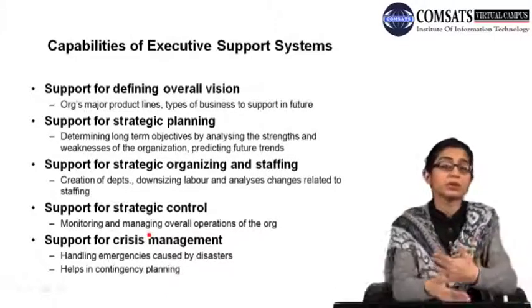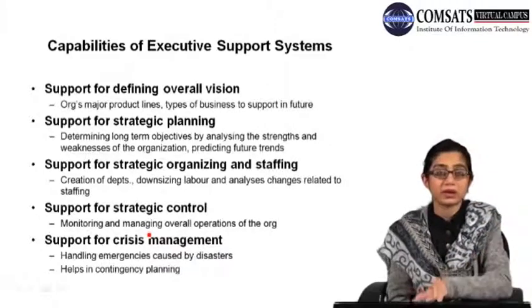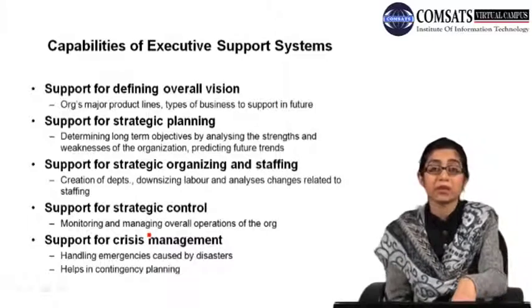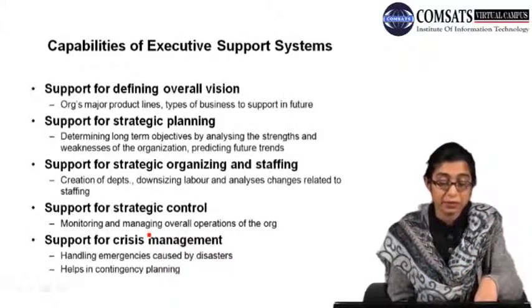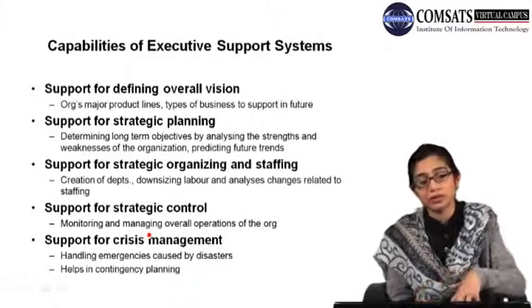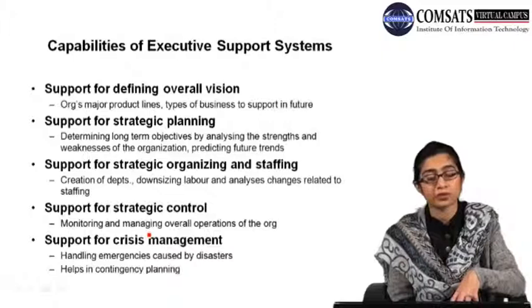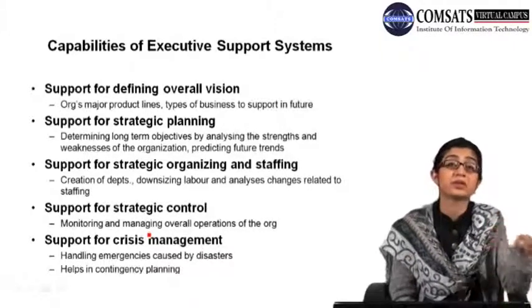So what steps will the organization require if a certain problem occurs? That is done by the executives of the company, who have to decide that this will be the contingency plan, this will be the emergency plan, and these are the business processes that need to be shifted somewhere else.